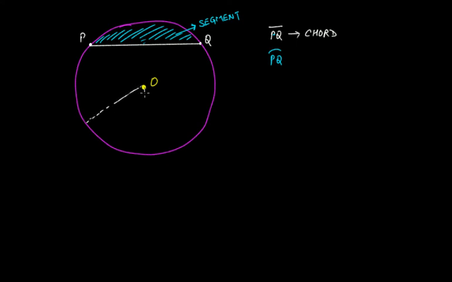Let's take A and B here, it doesn't matter whether we use P and Q. If I join A with the center and B with the center, then of course OA and OB are radii.